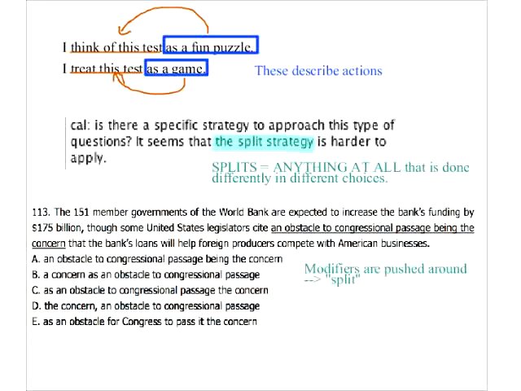If you have a concern, that's a split. If you have being or the concern or as the concern, split.